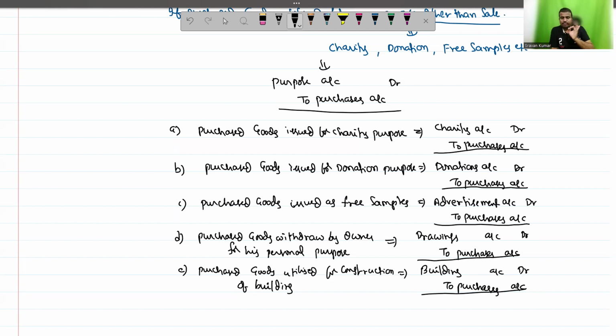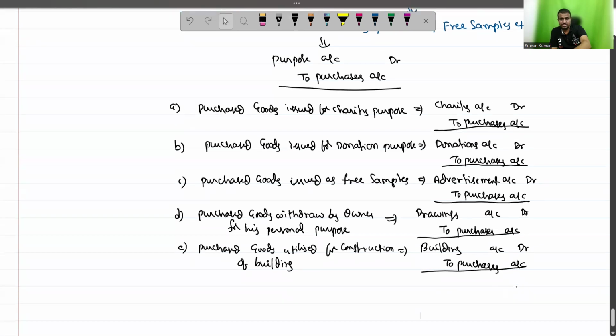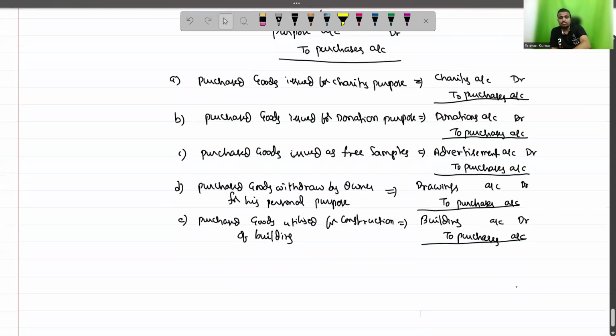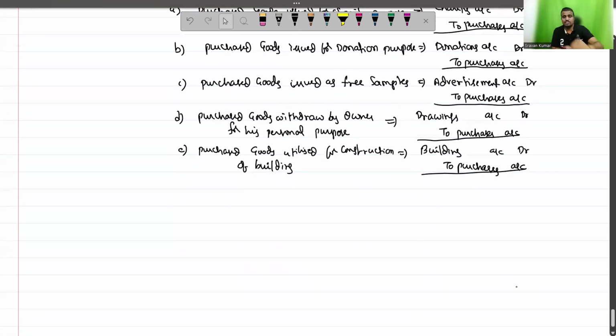So if you observe, if any goods purchased are utilized for any purpose other than sale, in that case, simply we write the entry purpose account debited to purchases account. We write the entry what? Purpose account debited to purchases account.